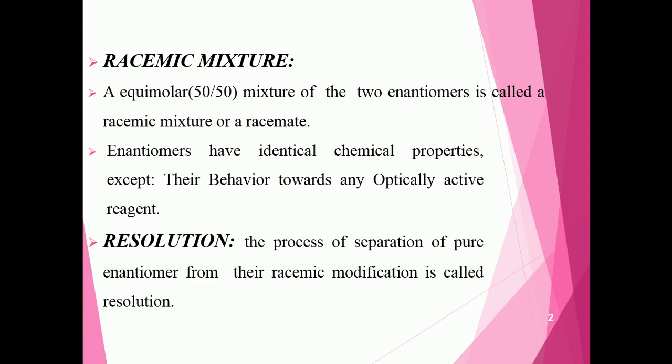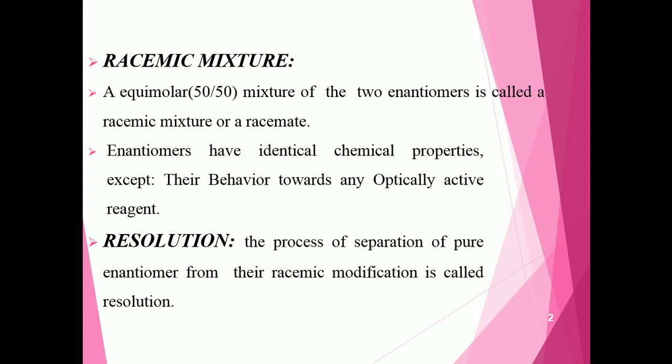So racemic mixture, it means what? Mixture of 50-50 percentage of enantiomers. And we have to separate a single enantiomer from the racemic mixture. Racemic modification, racemic mixture, racemate, the meaning is exactly same.